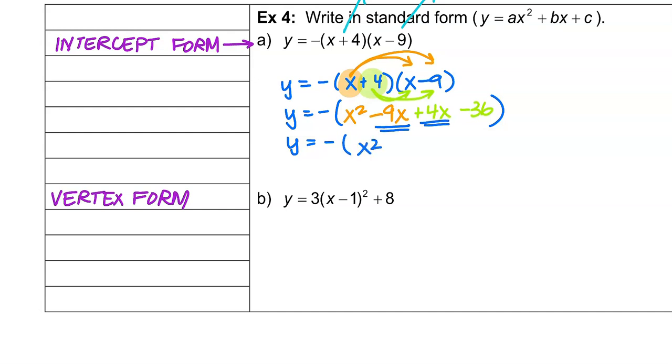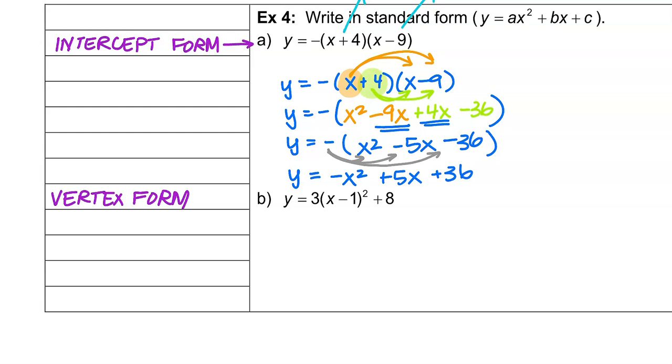So negative 9x plus 4x is minus 5x minus 36. So, and then I need to distribute the negative through. So it gives me y is equal to negative x squared plus 5x plus 36.